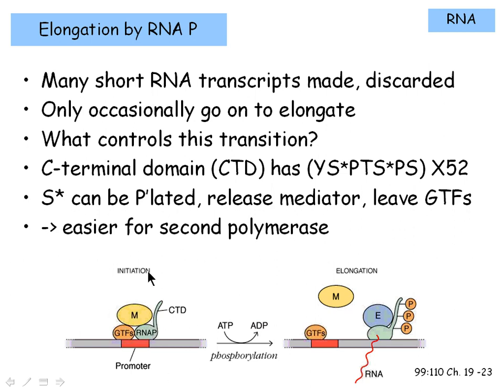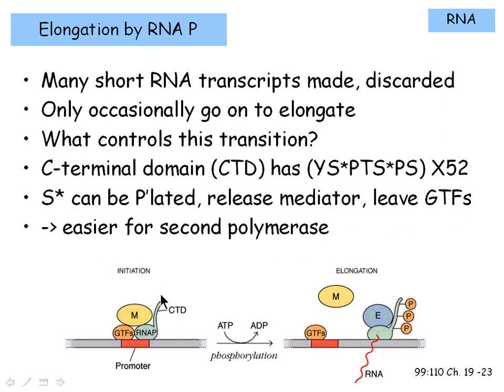If we look at an initiation complex like this, we have the promoter sequence of the DNA. We have here some general transcription factors like TFIID and so on. We have special factors for that particular promoter. And here's your RNA polymerase. It has a tail sticking up here like a teapot spout or something. This is called the CTD, which is short for C-terminal domain.